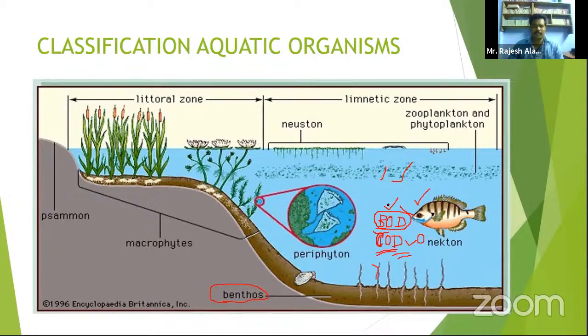This is the end result of BOD. But COD, I am not bothered about the biological activity. Simply, I am speaking about the level of oxygen presence in the aquatic ecosystem. When more chemicals are added, the oxygen level will be reduced, and oxidation and conversion of the toxic elements or chemicals into less toxic ones, or degradation, is a question mark. Is it clear, sir? Are you clear what COD is?